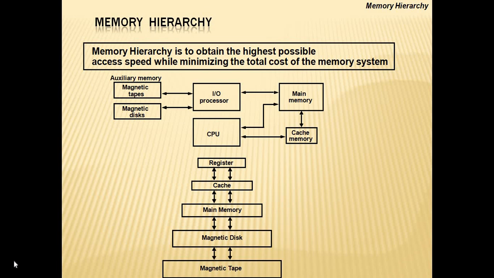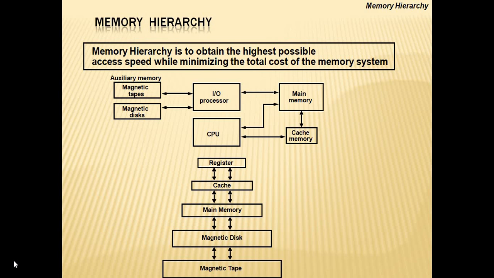Auxiliary memory has a large capacity, relatively inexpensive, but a low access speed as compared to the main memory. As the memory access speed increases, so does its relative cost.